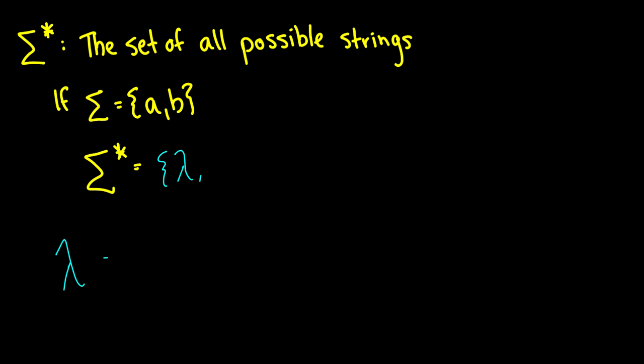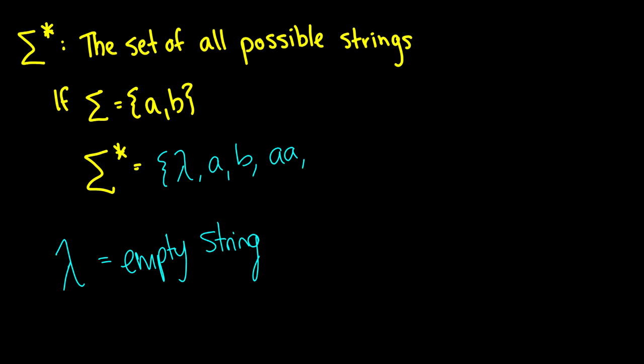This is just not putting in any word, leaving it blank. You'll have A, you'll have B, you'll have AB, BA, BB, and then you'll have AAA, and it'll go on forever. It basically will not stop.